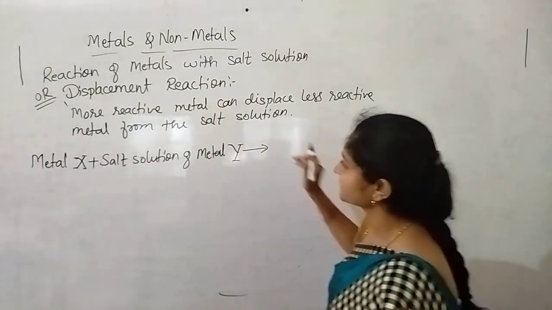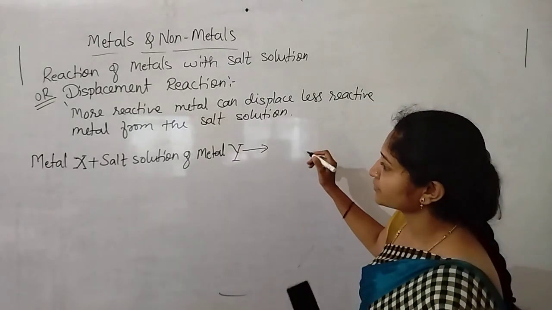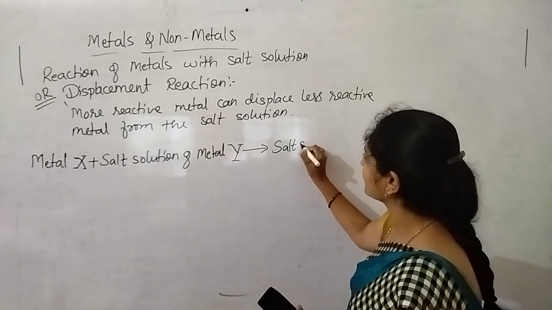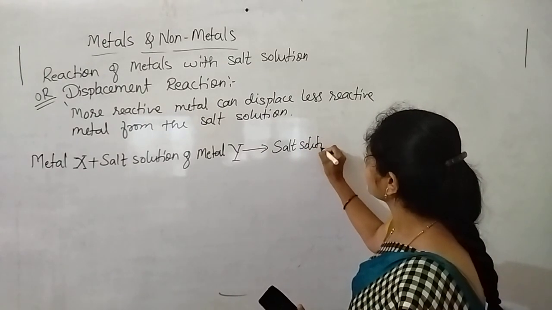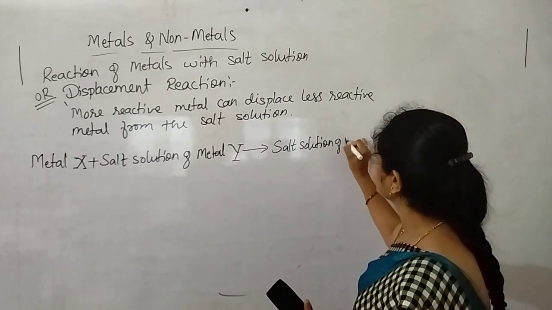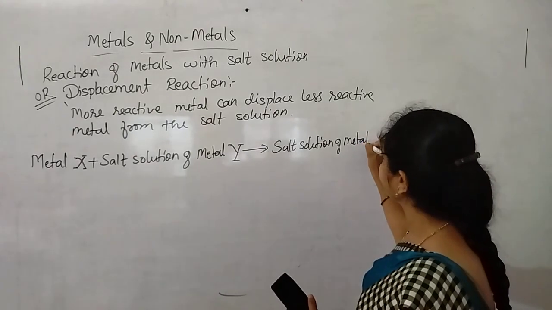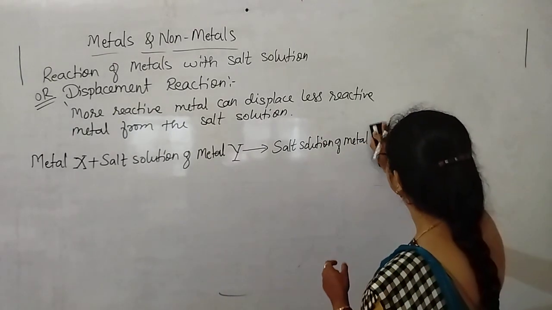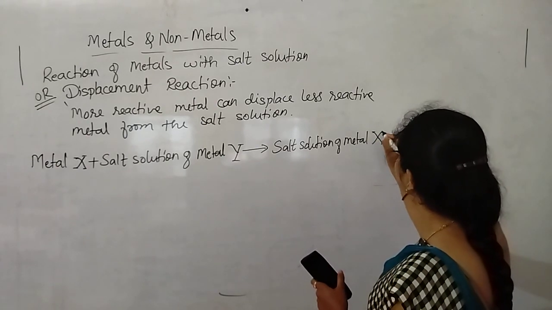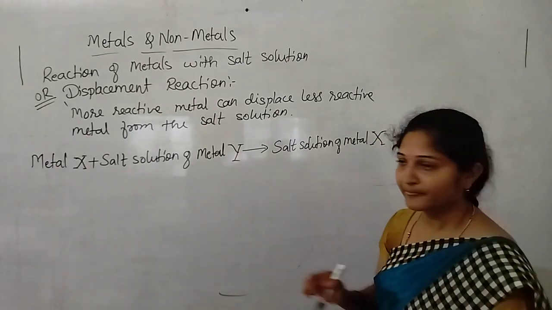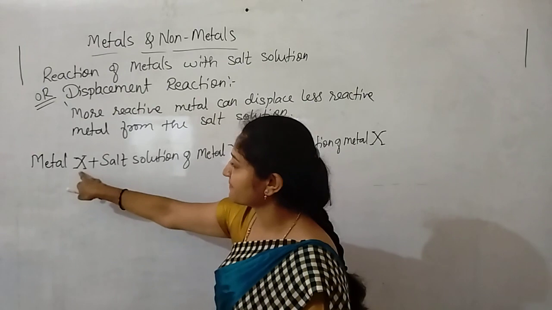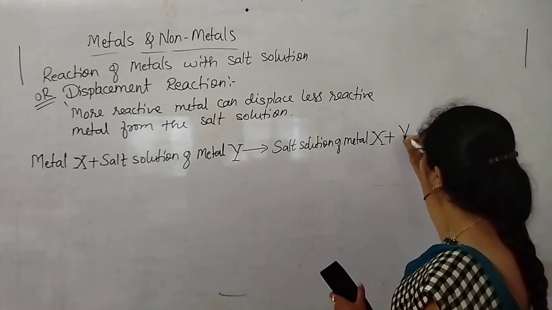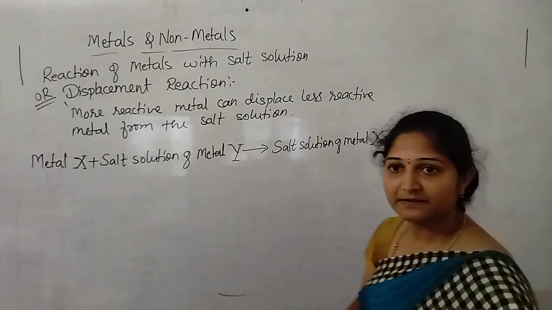Here it is going to form the salt solution of metal X, because Y is displaced by X. And what about Y? It forms the metal Y alone.